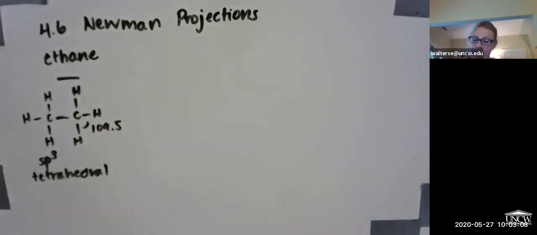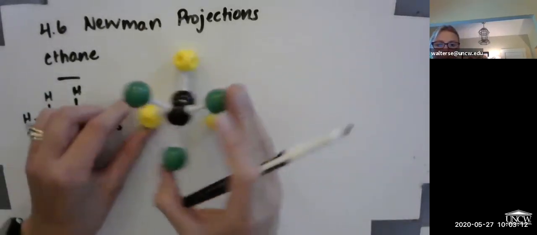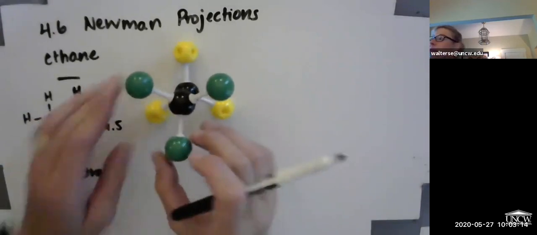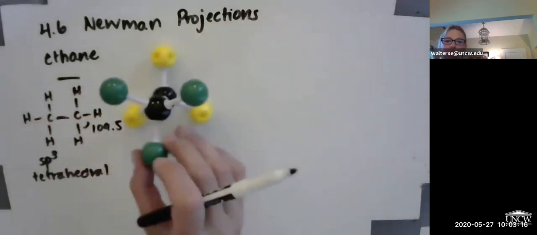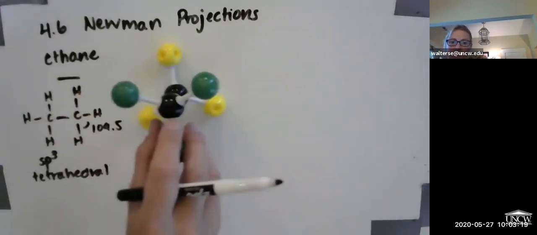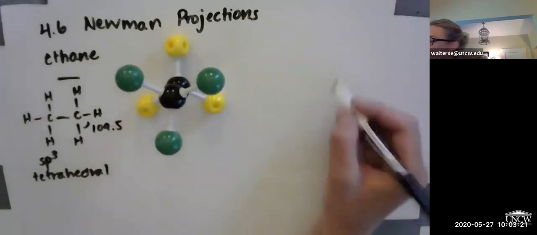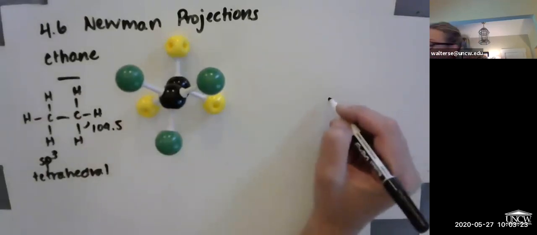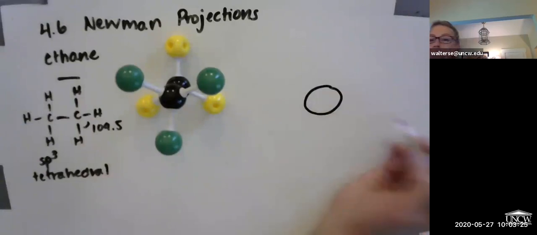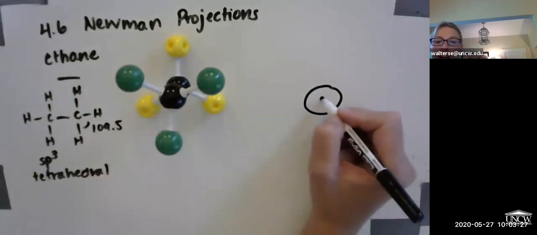Okay. It's not quite right because of the camera, but this is fine. All right, so you draw a circle with a dot in the middle.